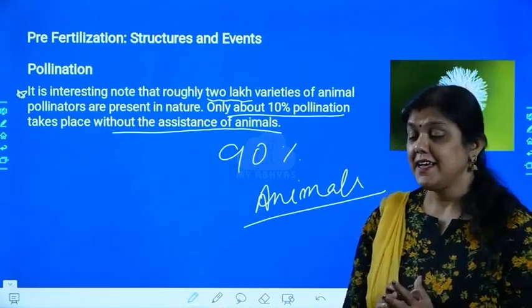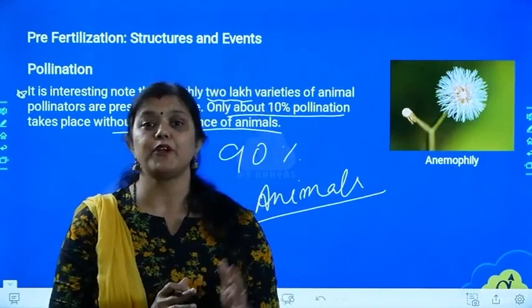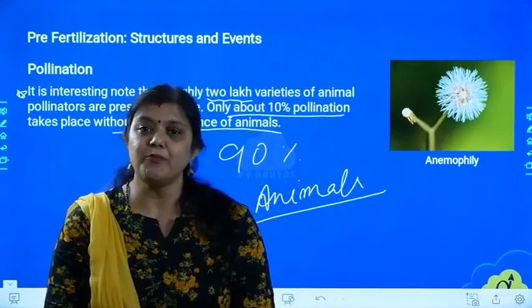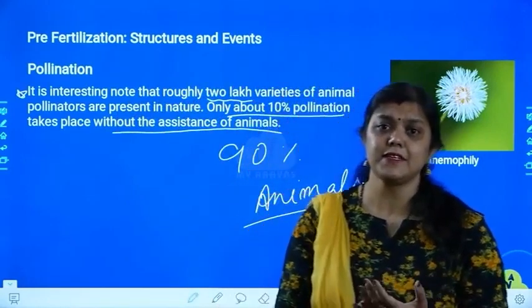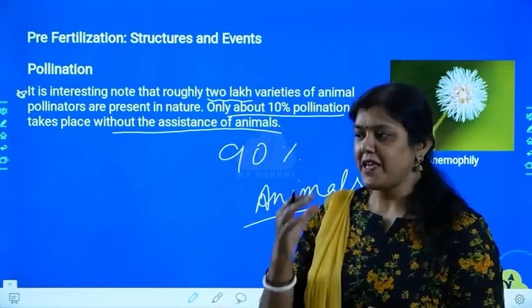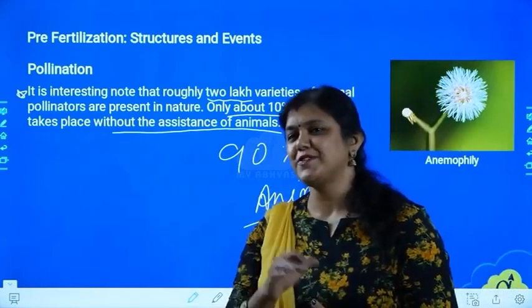Isn't it amazing that it is all the living organisms, the biotic component, which is helping the plant for pollination? The plant also is gifting the animal with nectar, but still, you imagine, 90% of the whole floral community is getting pollinated because of the animals.